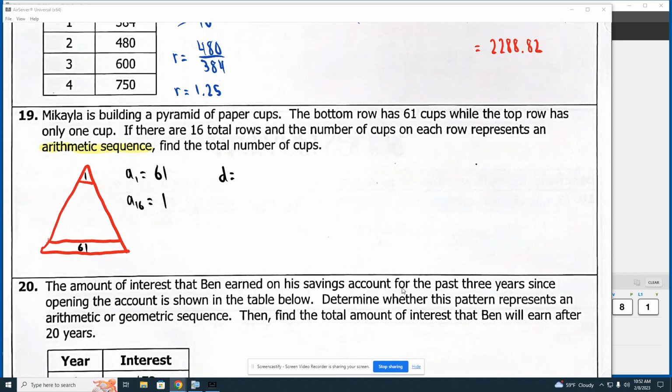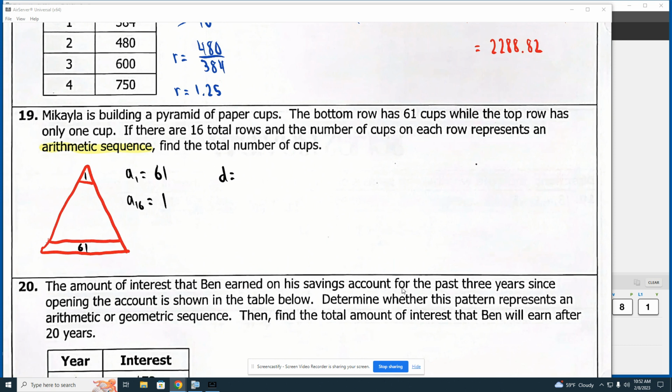Now remind me, how else do we teach that you could find the common difference? 61 minus 1 over 1 minus 16. That's right. We can do the difference of your values over the difference of your numbers, right? Difference of term values over difference of term numbers. Remember that's the time I said that the order doesn't matter, but then it does matter?